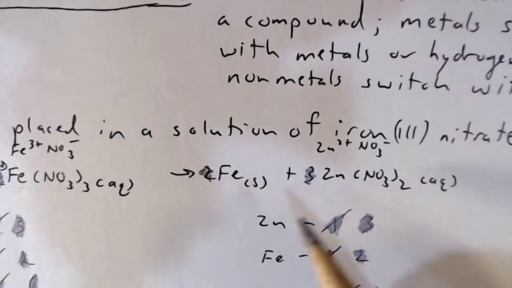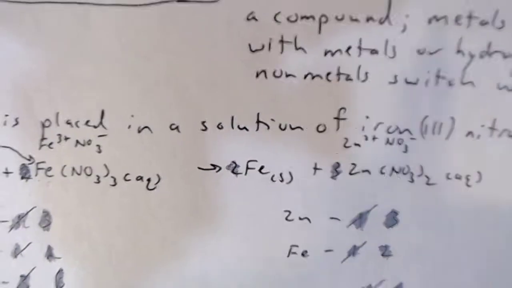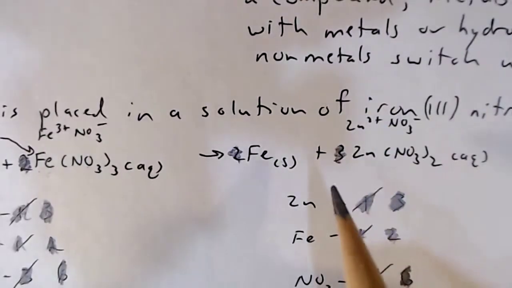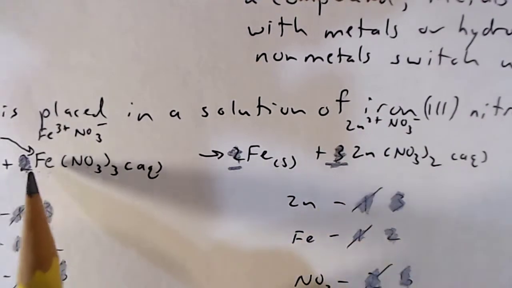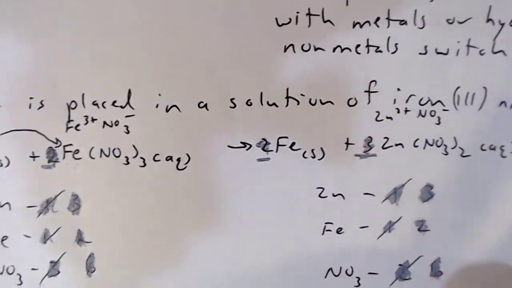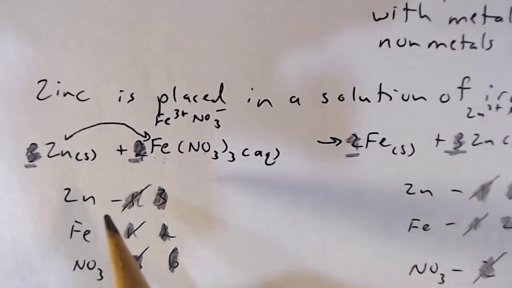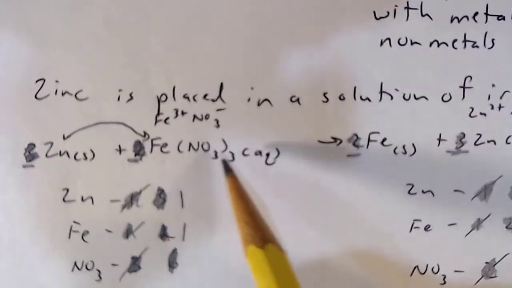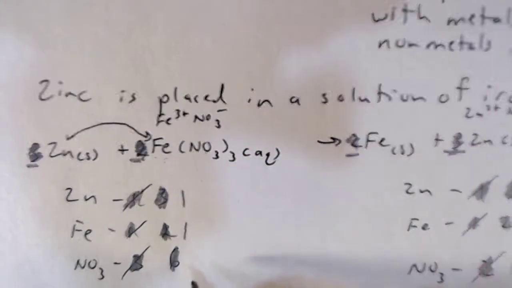So now we have written reasonable products and reactants. Now we will balance the overall equation by changing the coefficients in front of our reactants and products. So on the left, we start out with 1 zinc and 1 iron, and 3 NO3s.